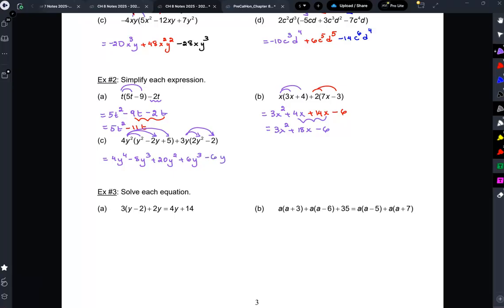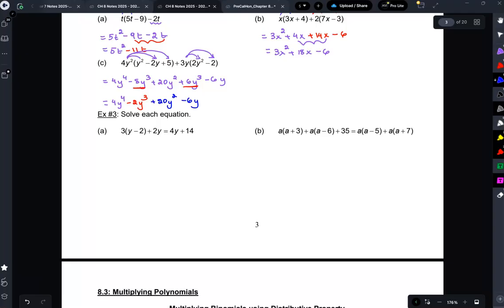Negative 6y. Now, let's see if there are any like terms. The 4y to the 4 doesn't have any like terms. Here, negative 8y cubed plus 6y cubed is negative 2y cubed. 20y squared doesn't have any like terms, and negative 6y doesn't either. So that's it.